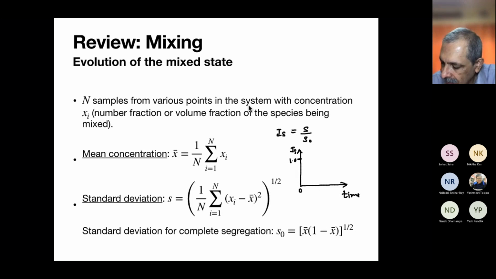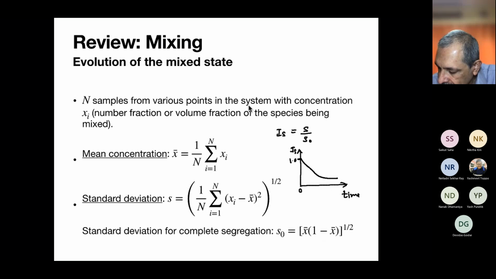But what we find, and I'll show you why, is that with time it actually goes to some value, I'll call it S infinity. And I will tell you what that is in a little while. But there may be some cases where it goes down and then it actually increases.